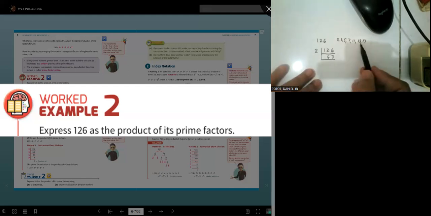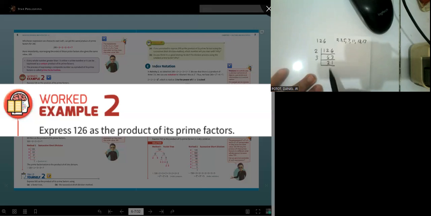Which of these numbers can divide 63? 3 can divide 63. So 63 divided by 3 is 21, and 21 divided by 3 is 7. Which of these numbers can divide 7? 7, which is already a prime.